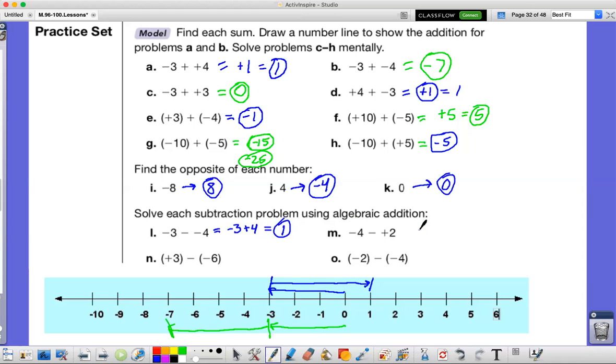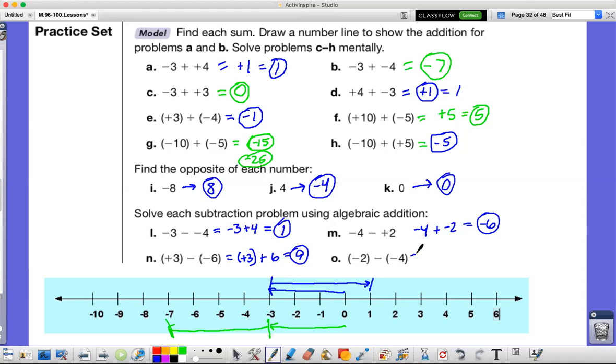This one would have been the same as a -4 plus a -2, which ends up being -6. And then this one, you'd end up doing this algebraically, would be +3 plus 6.